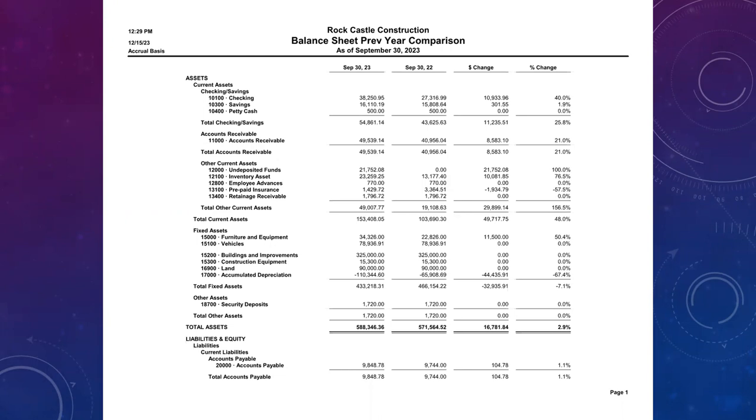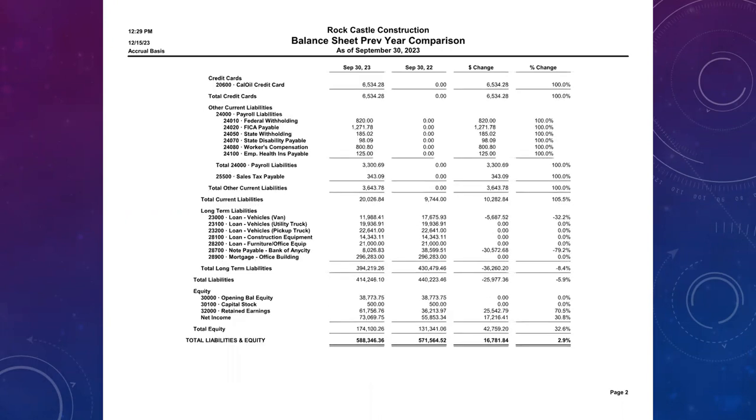How are your assets? How are your liabilities? Here is a nice comparison of assets and liabilities. For instance, you can see your checking account. In this example company, their cash actually increased by $11,000. You can go through all the different categories to see how you compare to last year.